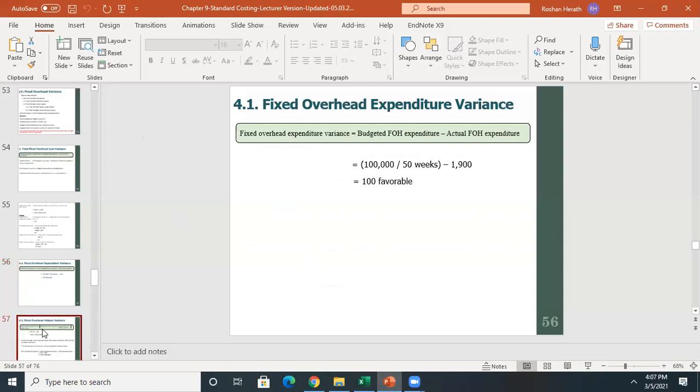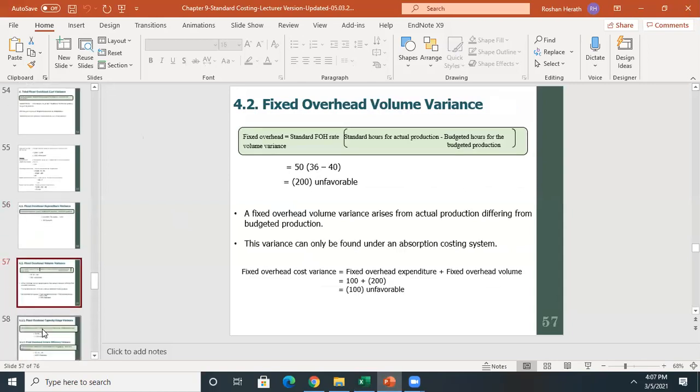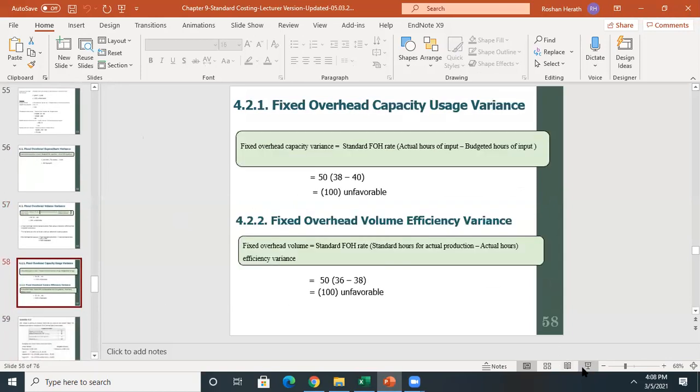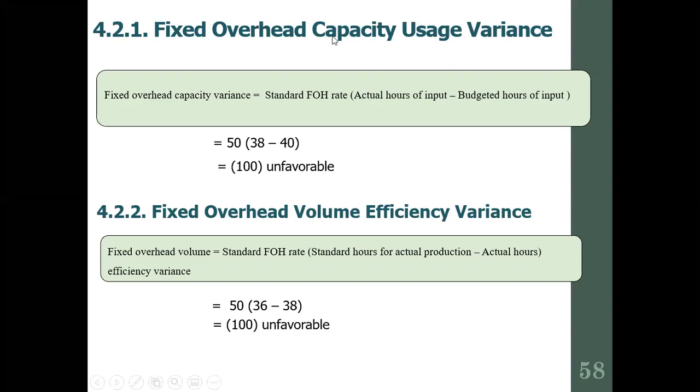When it comes to this volume variance, it can be divided into two categories like this: fixed overhead capacity usage variance and fixed overhead volume efficiency variance. So what about the capacity usage and what about the volume efficiency?